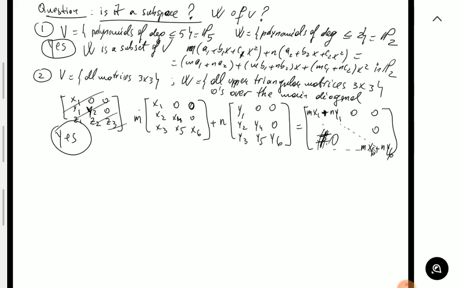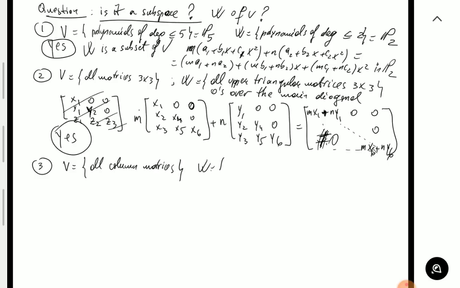Let's actually look at some other examples. Let's say not involving matrices. Well, actually, let's do another one that involves matrices. So let's say V, again, as the overarching vector space, is given by all column matrices.